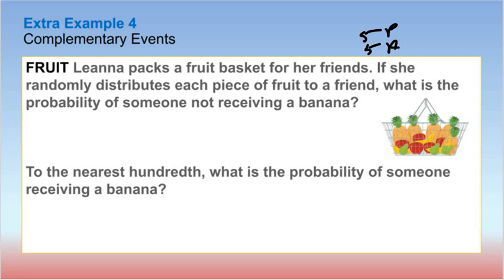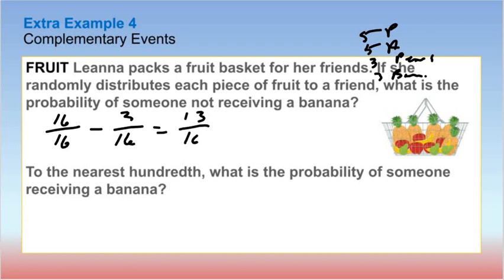There are 1, 2, 3 pears. And there's 1, 2, 3 bananas. So that's 10 plus 6 is 16. So out of 16, 16 out of 16 minus bananas, there were 3 out of 16. Subtract, will give us 13 out of 16.